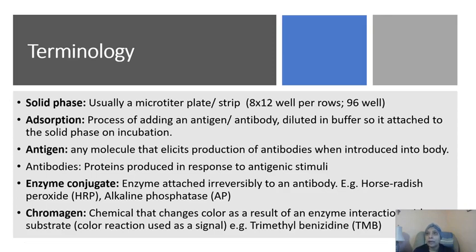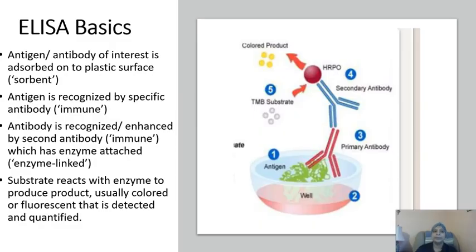And then finally, we have that color-changing compound, chromogen. This is the chemical that's going to change the color when it binds to that enzyme and interacts with it. And that substrate change, the color reaction that we get, is what we're going to be quantifying through our spectrophotometer. So an example of that would be tetramethylbenzidine, TMB, which is a common one used in ELISAs.